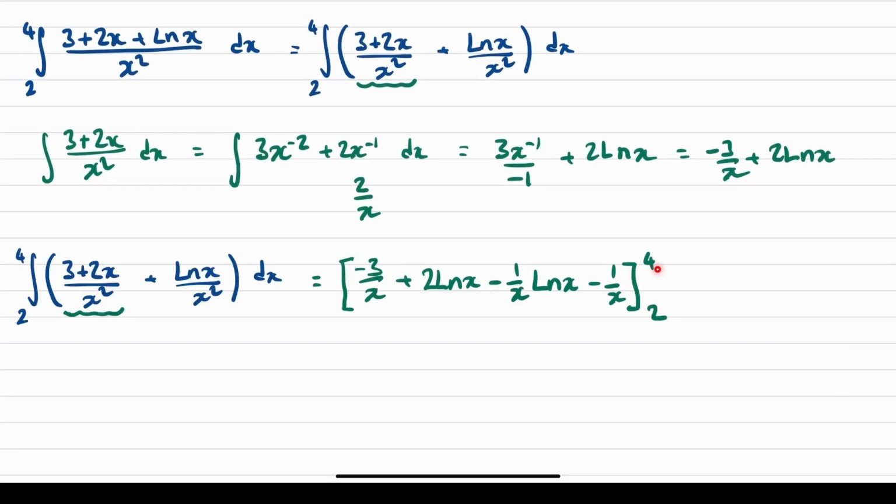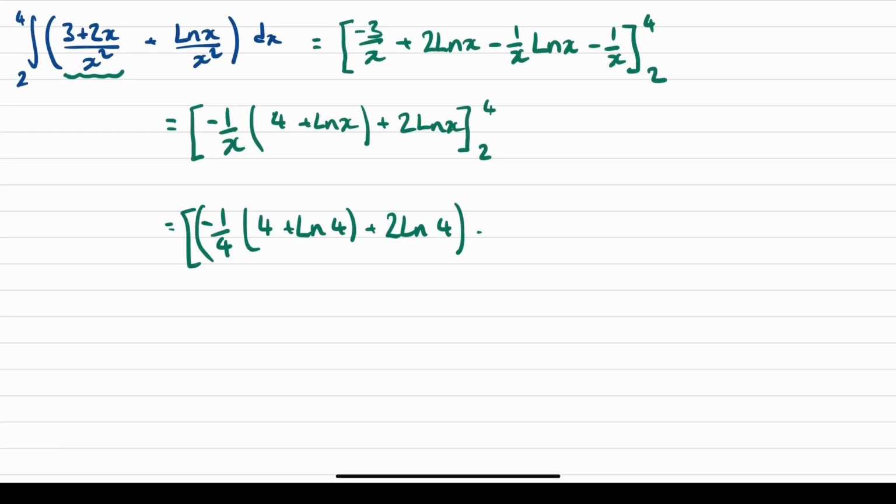Before we substitute in these two values, we can tidy this up. We can factor out the negative 1 over x. And we've got the negative 3 over x here, minus 1 over x, so we'll have positive 4, and this ln of x term. And then we have this 2 ln x term as well. So we'll substitute in a 4 for the x, minus, and we'll substitute in a 2.